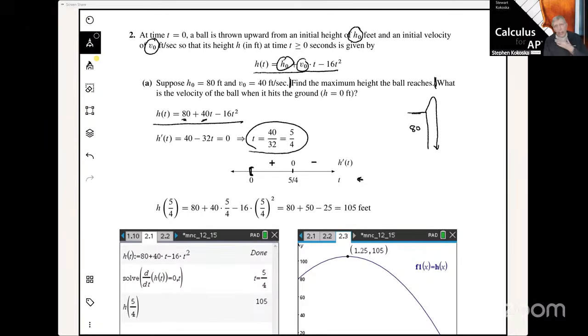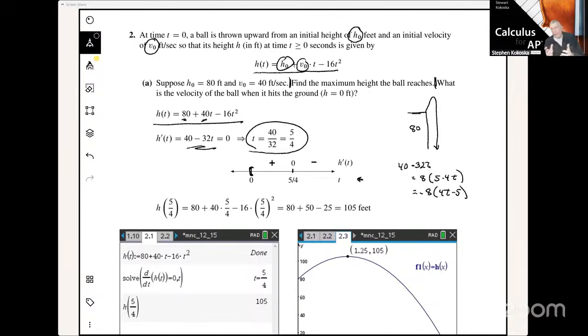Now, I know we all have our own peculiar ways of figuring out the sign of h prime in that interval. I've always done this by arguing in general. And I might even rewrite this expression to make it easier. I might take that 40 minus 32t and factor out an 8, and write that as 5 minus 4t, and I might even go farther and factor out a minus 8 and write that as 4t minus 5.